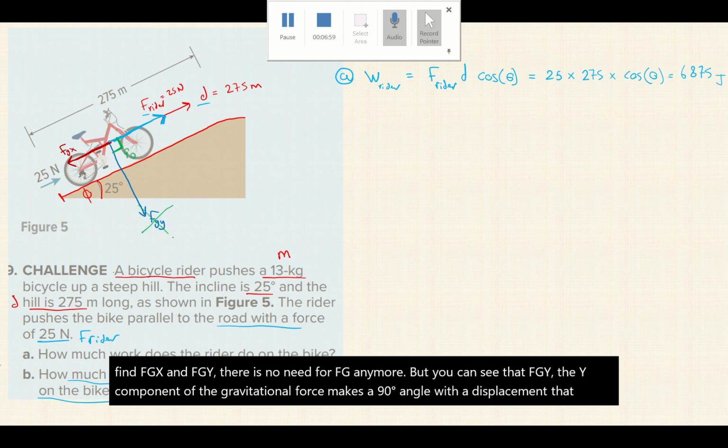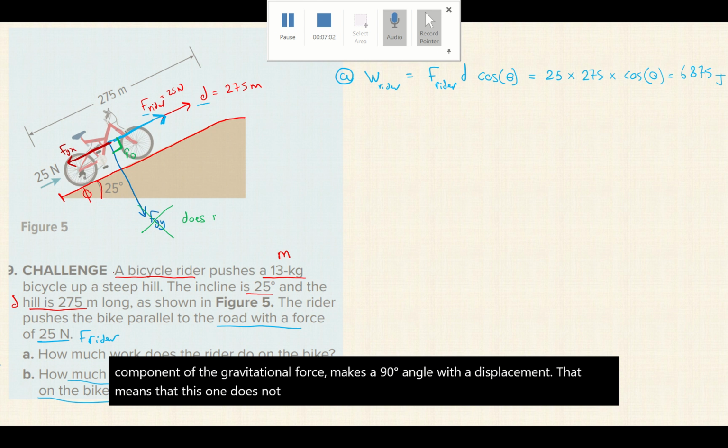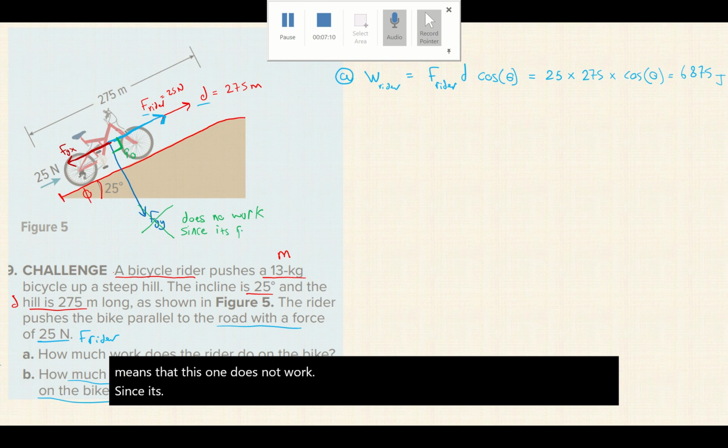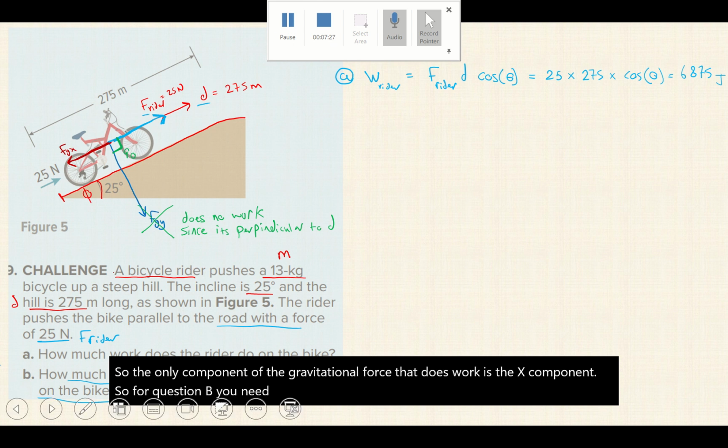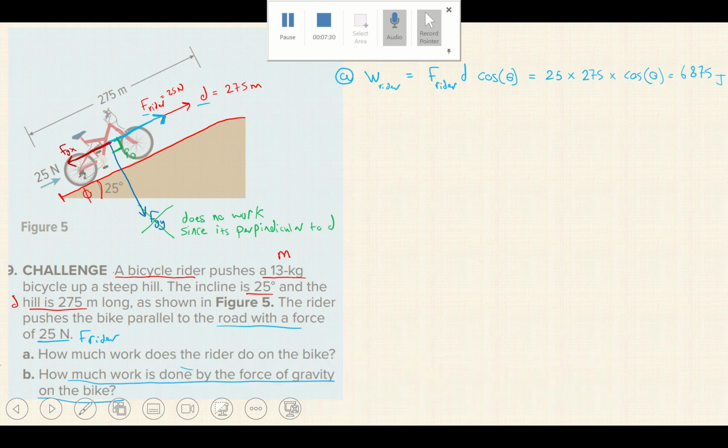That means that this one does not work, since it's perpendicular to D. So the only component of the gravitational force that does work is the x component. So for question B, you need to find the x component of the gravitational force. So let's find it.